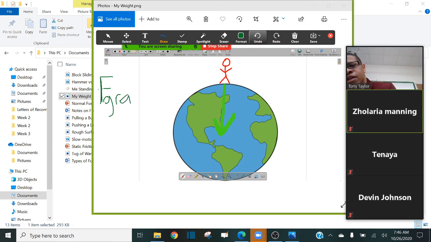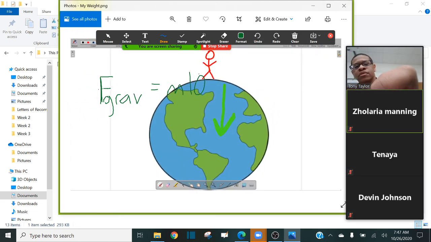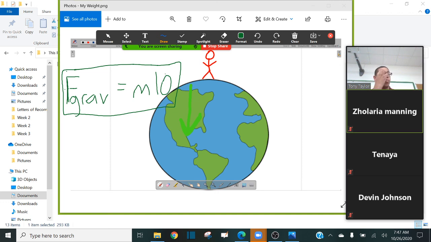So the equation for the force of gravity is equal to mass times 9.8. Now to make my calculations easy, I like to round 9.8 off to 10. So guys, you're going to use this equation a lot in your homework assignment for this afternoon. Force of gravity is equal to mass times 9.8.